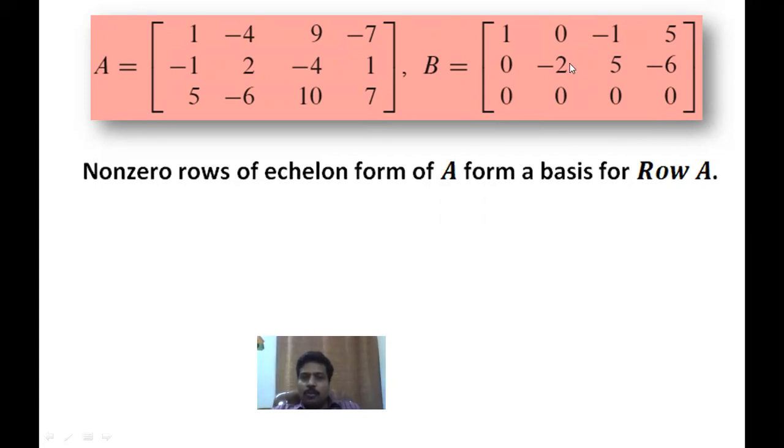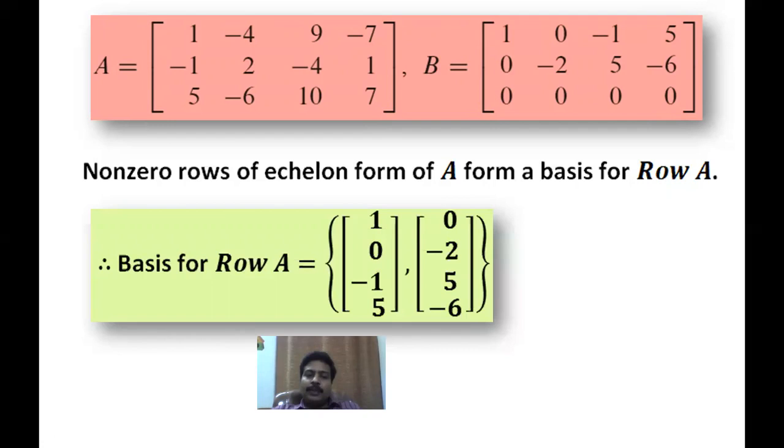So these two rows can form a basis for row space of B as well as row space of A also. So the basis for row space A is equal to (1, 0, -1, 5) and (0, -2, 5, -6).